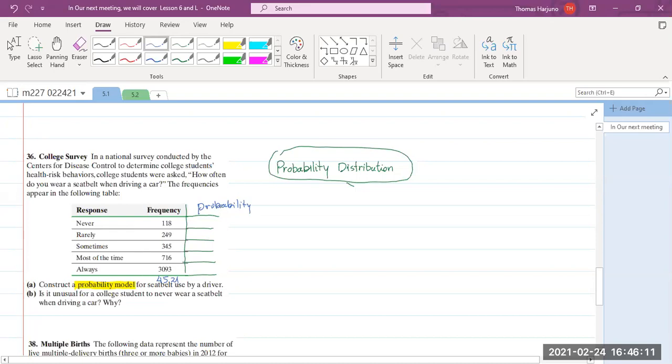So the probability will be equal to the relative frequency. This is 118 over 4521. That gives me 0.02610, 5 decimal places. Okay, now let me do it on the right hand side here so that we can see it better.